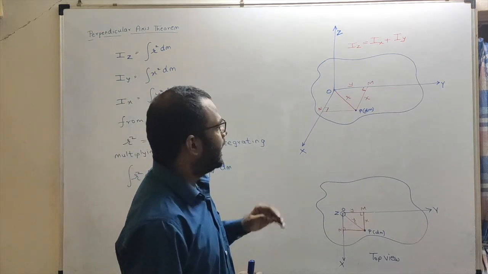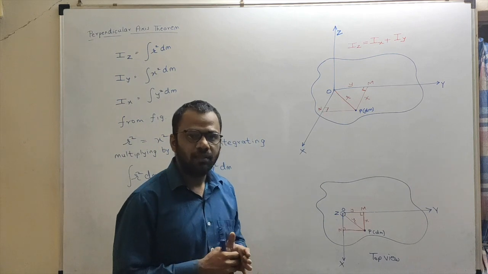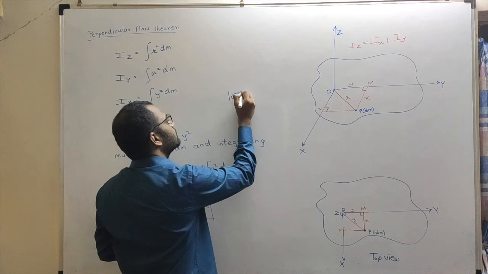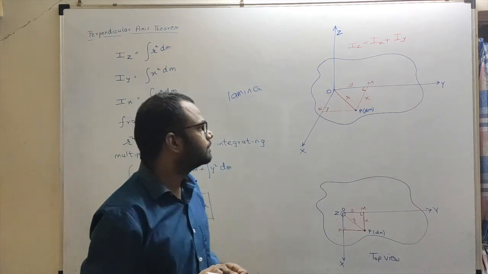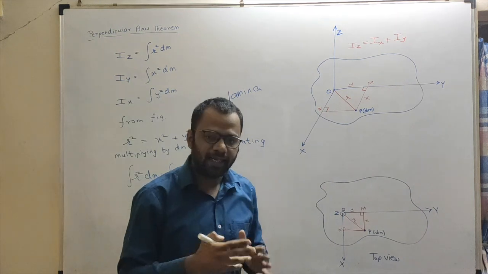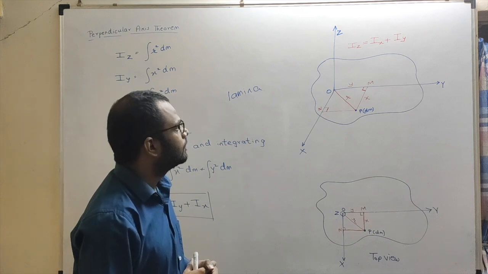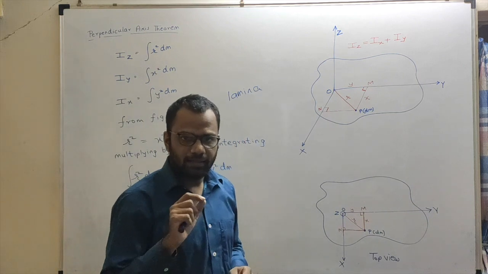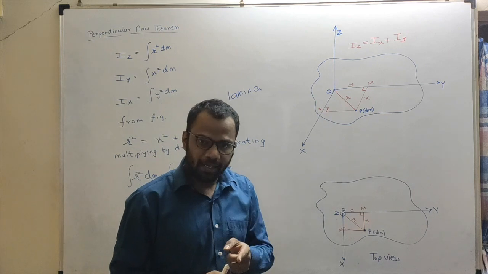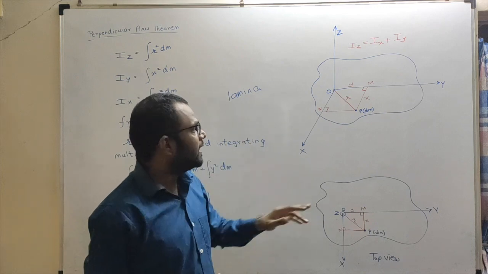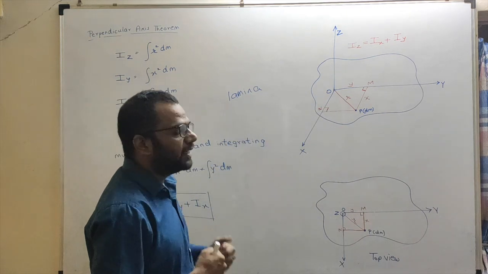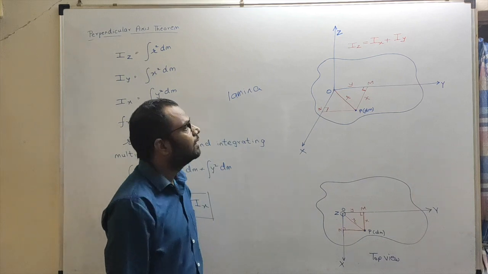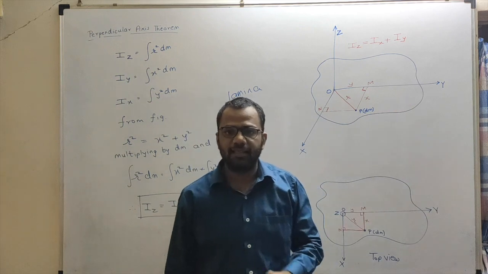Consider two axes x and y, mutually perpendicular to each other, lying on the lamina, meeting or intersecting at point O. Consider another axis, the z axis, which is perpendicular to the lamina passing through point O. Let Iz, Ix and Iy be the moment of inertia of the plane lamina about the z, x and y axis respectively.